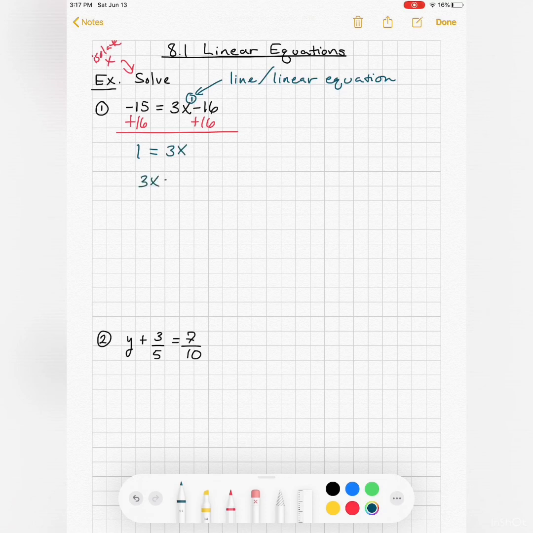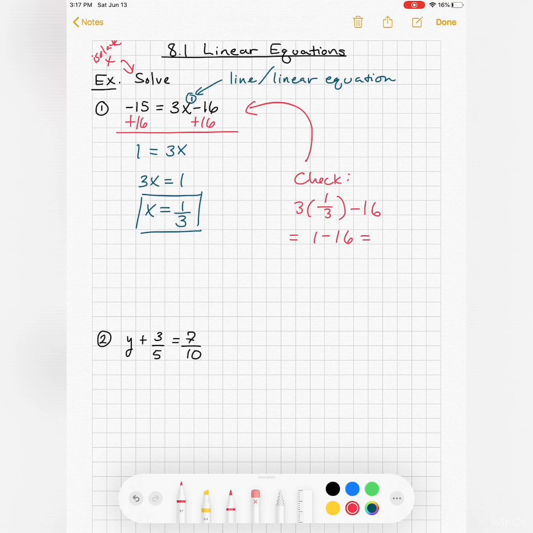Okay, and then that's equivalent to this, so then I just divide. Now I can check that solution by going all the way back up to the original equation, saying, okay, 3 times a third minus 16 is 1 minus 16 is negative 15, and it's verified.